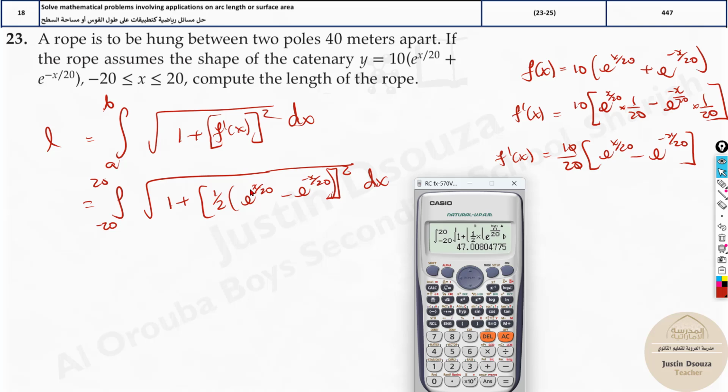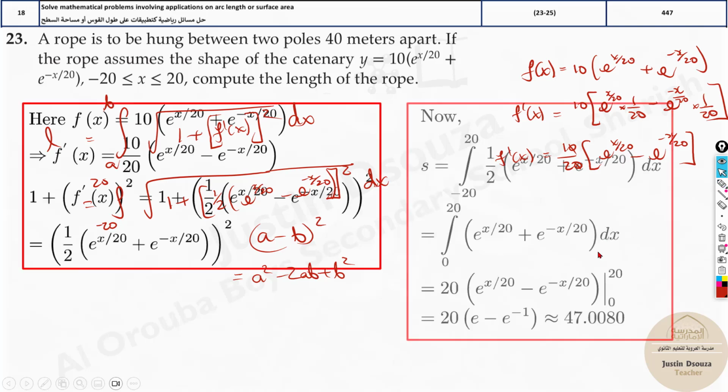Squaring this will be 1 by 4th, and over here it will be 2x by 20 minus 2x by 20. Sorry, when you're squaring this it's direct, but over here you need to use the a minus b the whole squared formula, which is a squared minus 2 times ab plus b squared. So use this formula and then you can simplify as well, or directly put it in the calculator.